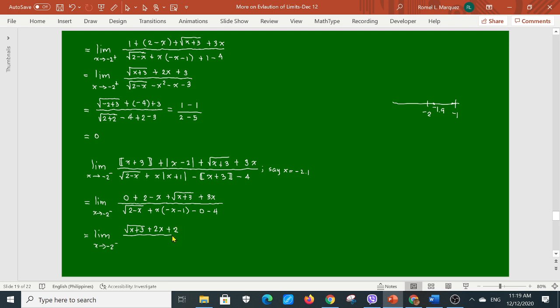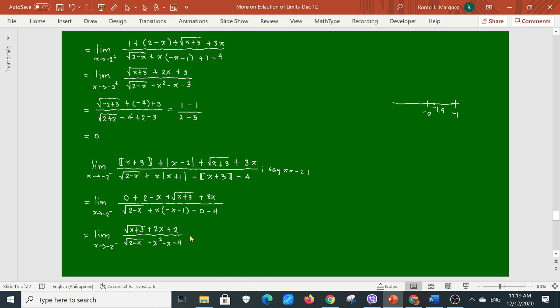Okay? Plus 2. What about the denominator? Square root of 2 minus x, and then minus x squared, minus x, then minus 4.